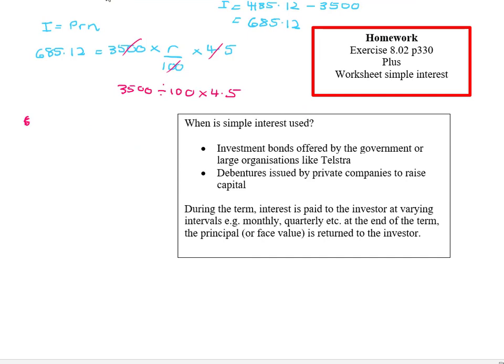When I place that into my calculator, I now get 685.12 equals 157.5 R. Now to find R by itself, you can see I've got a small equation. So I'm going to divide 685.12 by 157.5, and that gives me R. And R is, from my calculator, 4.35%. And that's simple interest.